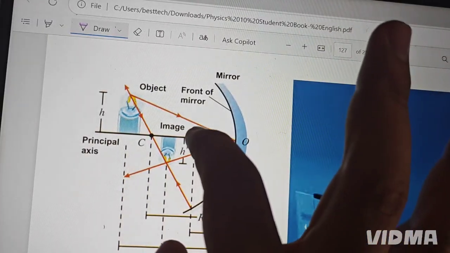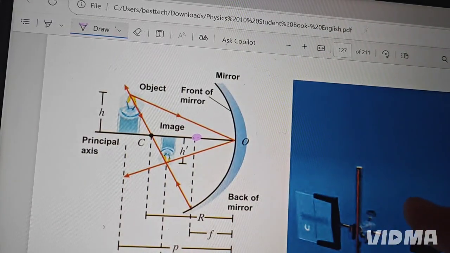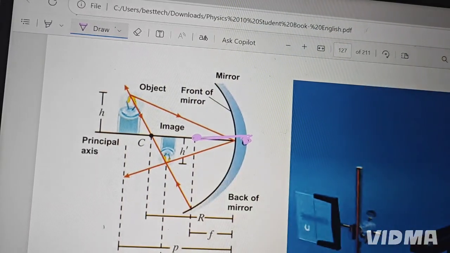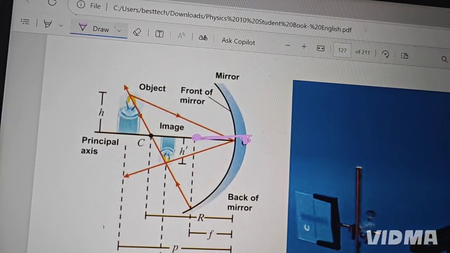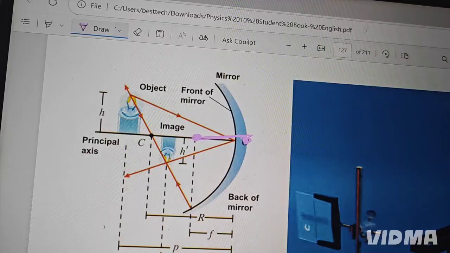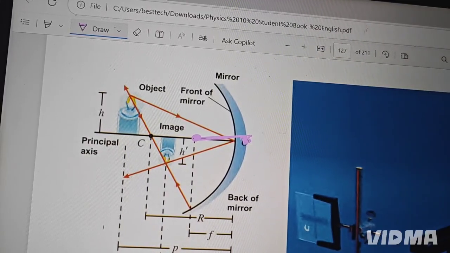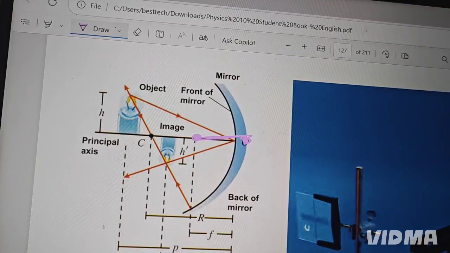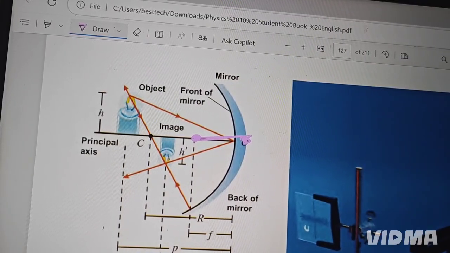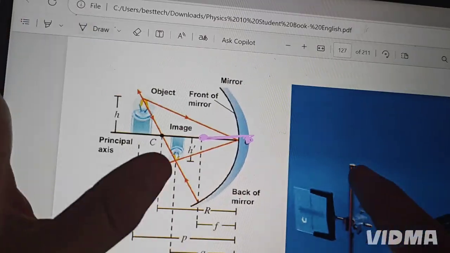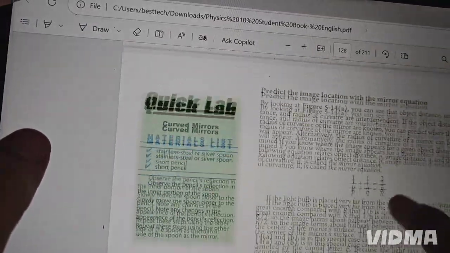The distance between this point to here, this is called focal length. Focal length. Good. Let me solve the example.